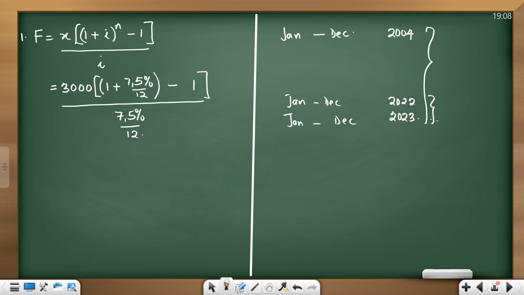What will this be? Are you sure? January to December 2022 is 1 year. January to December 2023 is another year. So you can't just say 2023 minus 2022. Top minus bottom plus 1. That's where I want us to get here.